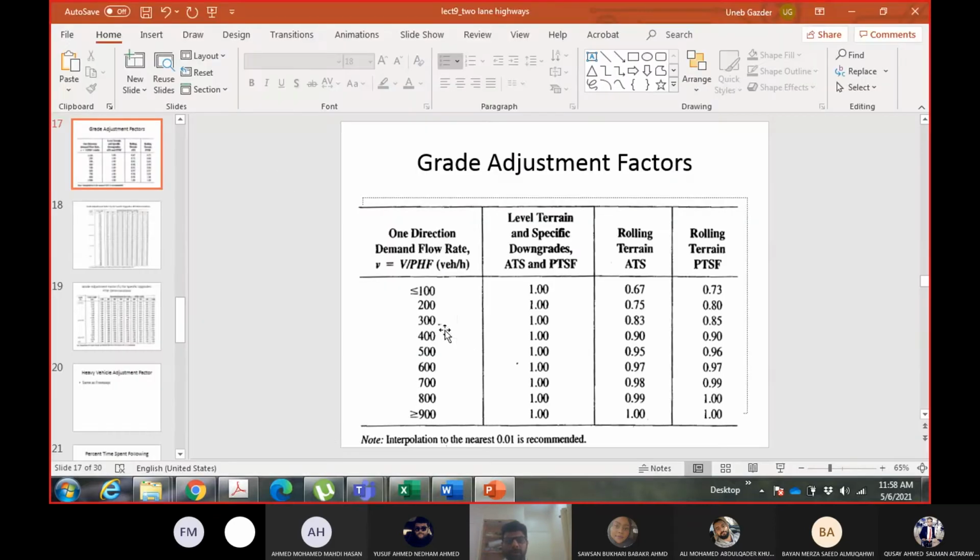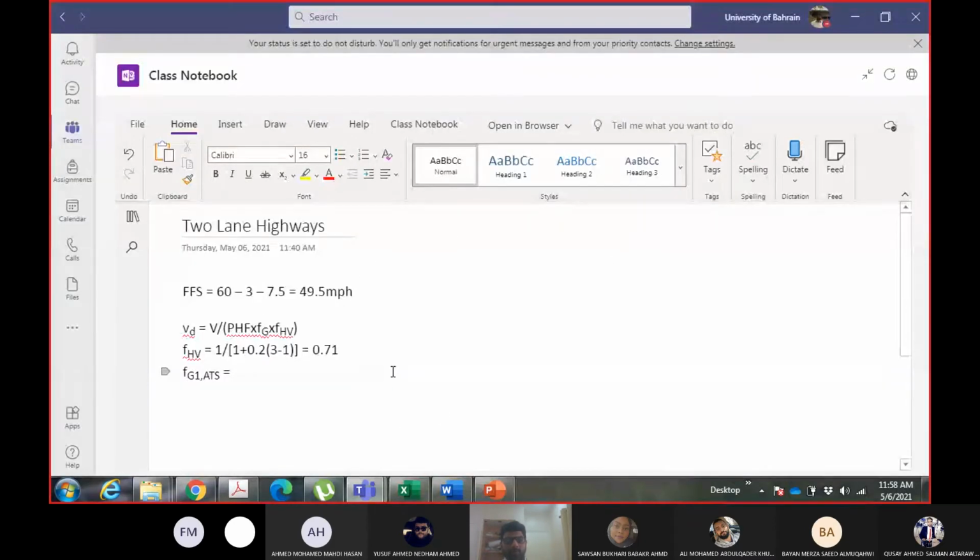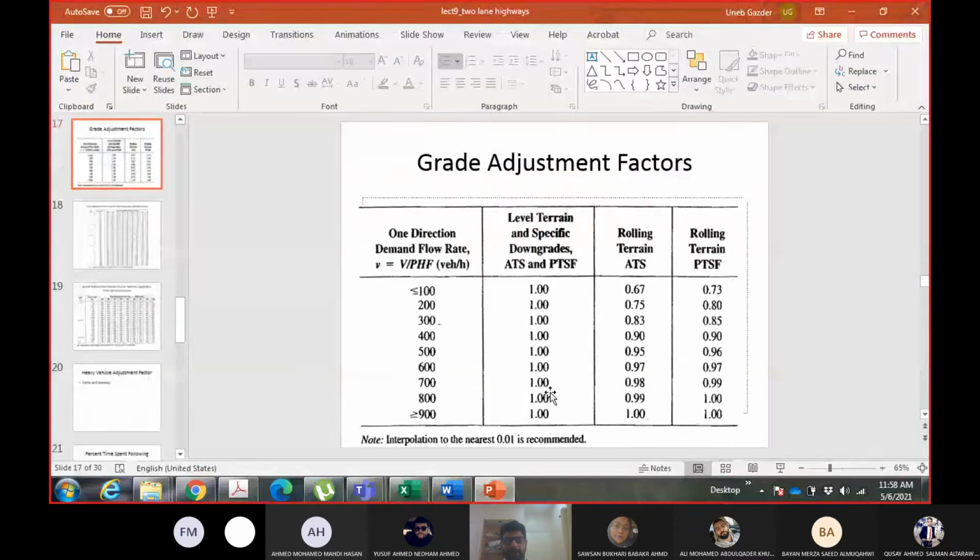I'm doing it for direction 1. For direction 1, the demand flow rate, which is V upon peak hour factor, I've already calculated. It was 341. So I have to interpolate between 300 and 400.